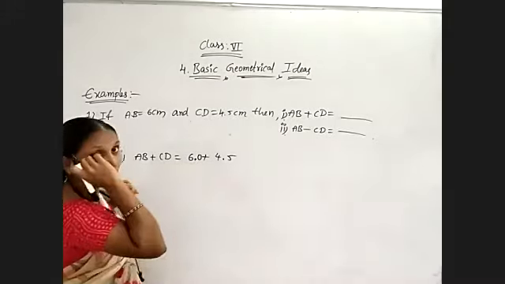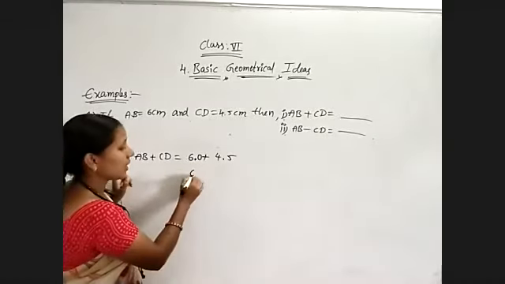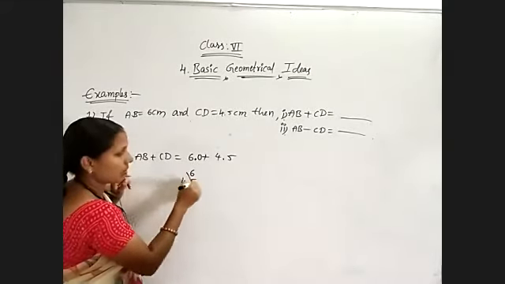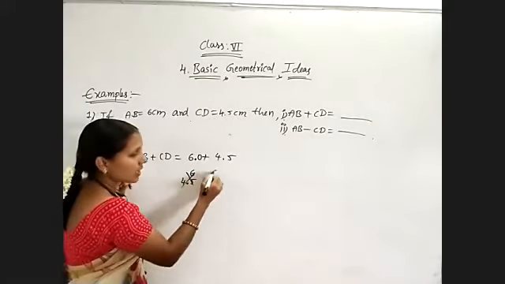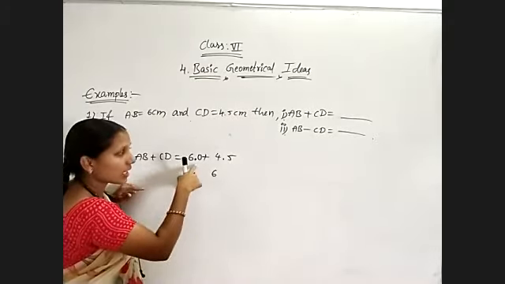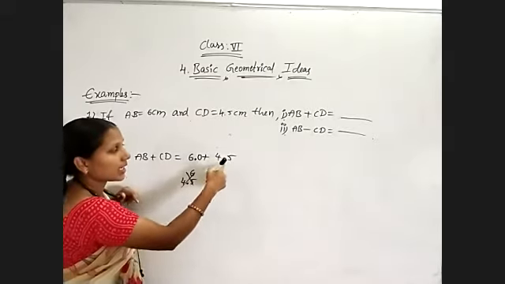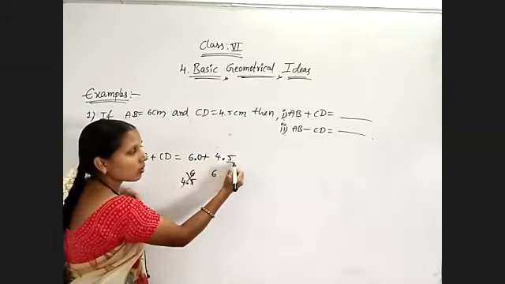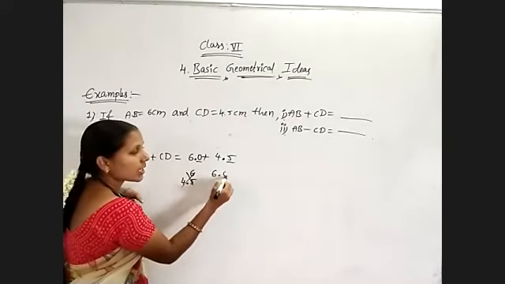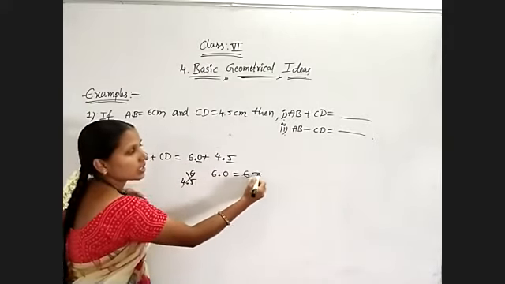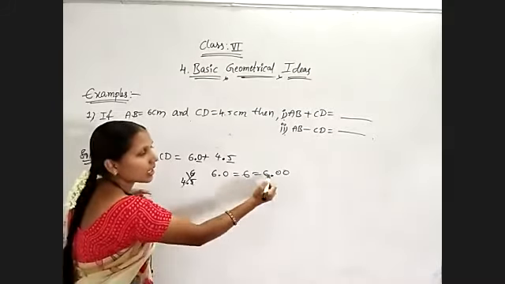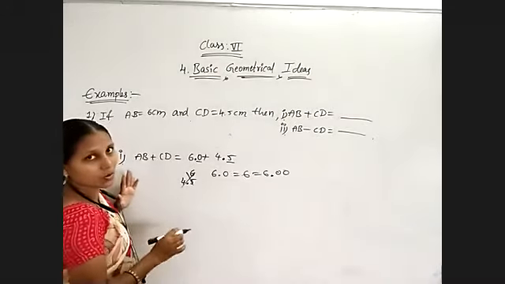Because if we add 6 and 4.5 written like this, that is wrong. To avoid that confusion, 6 is a normal number, and I convert it into a decimal number by taking the decimal point. Here one decimal place is there, so I get 6.0, which is equal to 6. 6.00 is also equal to 6 only. After the point, however many zeros you add, there is no problem.